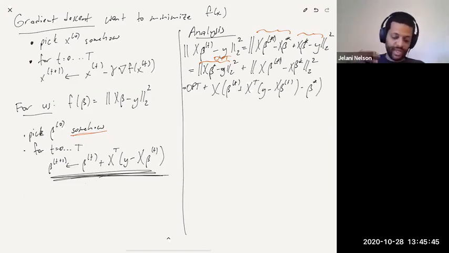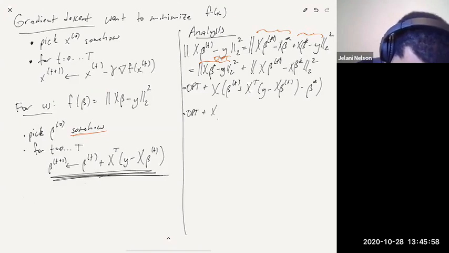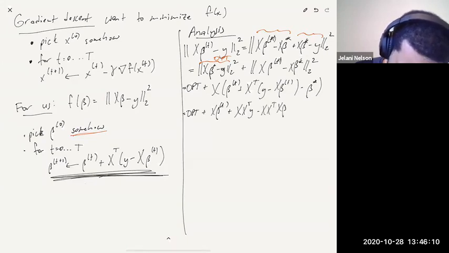I just expanded what beta t plus 1 is in terms of our update rule. There's the opt that's always there, plus, expanding this out, X beta t plus X X transpose Y minus X X transpose X beta t minus X beta star.